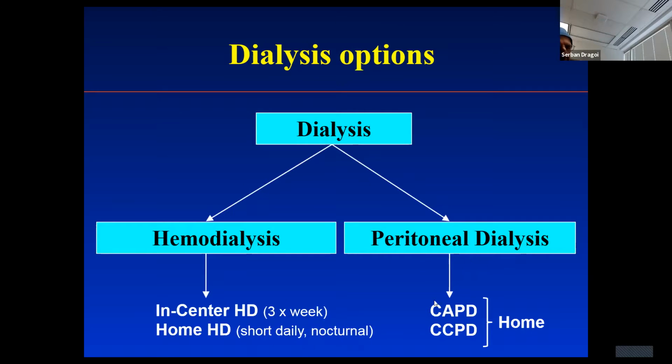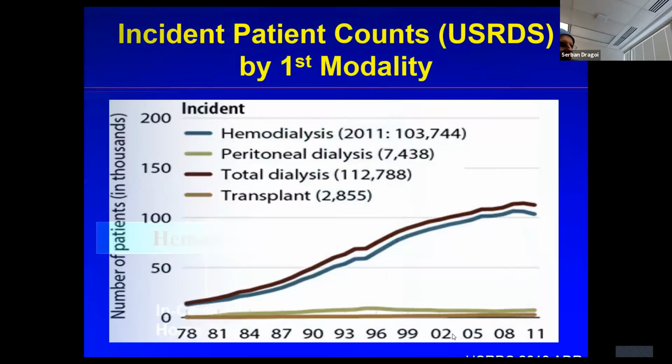Peritoneal dialysis, CAPD and CCPD refer to the fact that CAPD is continuous ambulatory PD, meaning that patient does all the exchanges manually, and CCPD is the automated one, which is cycler, continuous cycler peritoneal dialysis. It's some technical designation to indicate that this machine is used to assist patient here. And those are done at home, of course.